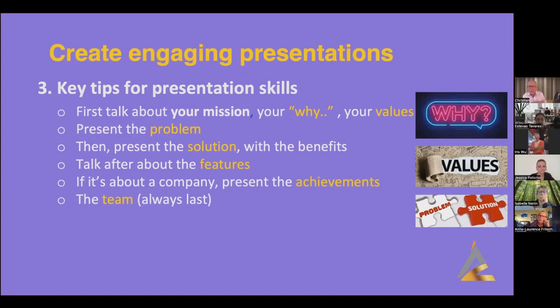So you see the first three steps: why, together with the values, then the problem, and then the solution. In this order, always. If we had more time, I could explain why, but we will not have enough time tonight.